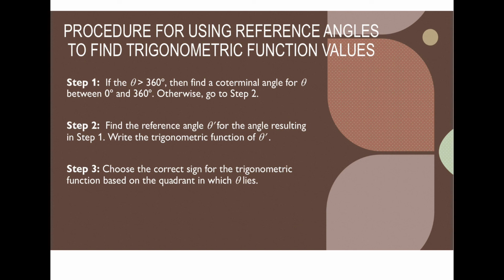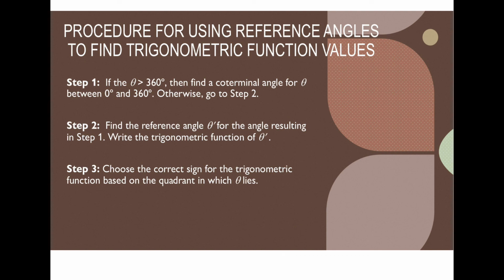In other words, we can keep on subtracting 360 until we get something between 0 and 360, or if it's greater than 2 pi, keep subtracting 2 pi until we get something less than 2 pi. So in other words, figure out what it is within one rotation. If it's not more than one rotation, then we go straight to step 2.